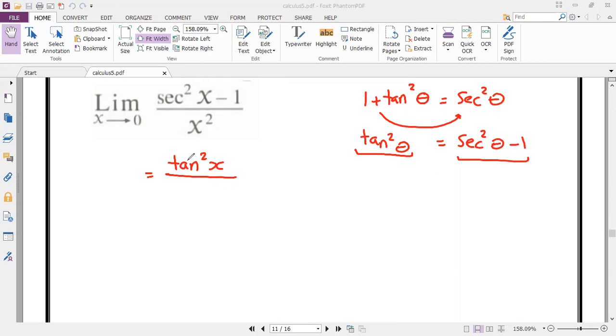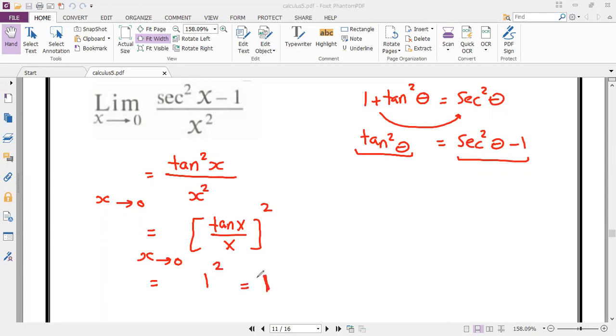So sec to the power of 2x minus 1 equals tan to the power of 2x, divided by x to the power of 2 when x tends to 0. We can apply the rule here, which is tan x over x all raised to the power of 2 when x tends to 0. So that is going to be 1 raised to the power of 2, which is 1.